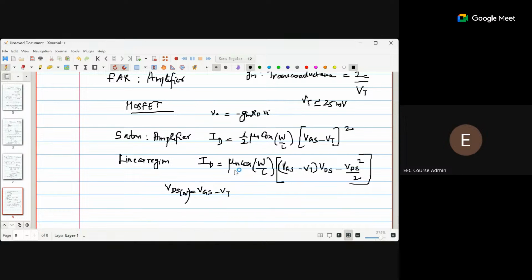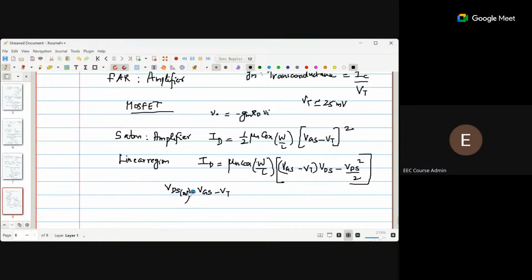So in the expression for the drain current in the linear region, if you substitute VDS as VGS minus VT, this term becomes (VGS − VT) into (VGS − VT), so (VGS − VT) whole square minus (VGS − VT) whole square by 2. That will become half into (VGS − VT) whole square. So half μn Cox W/L (VGS − VT) whole square. That will give you the expression in the saturation region.